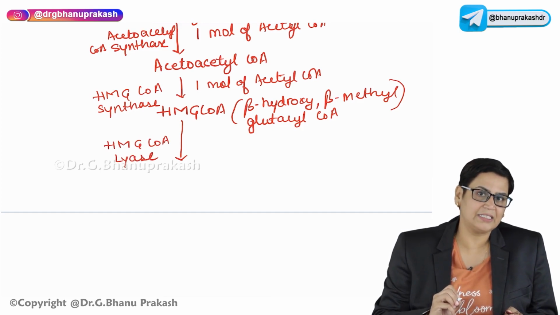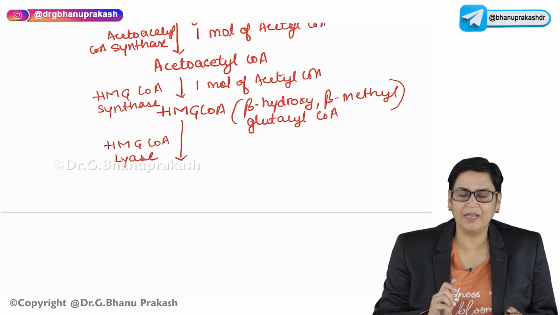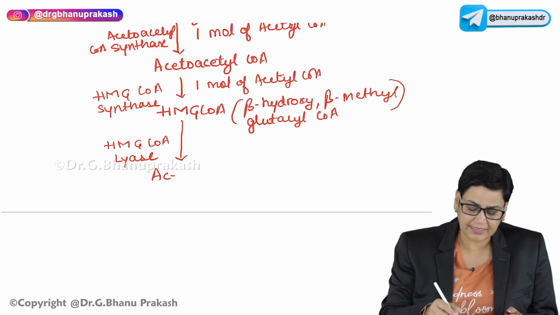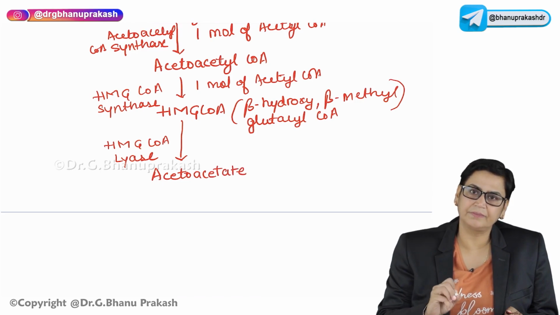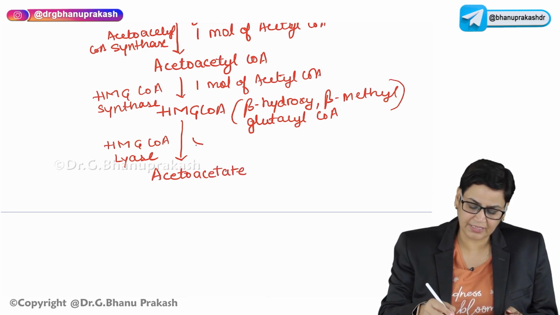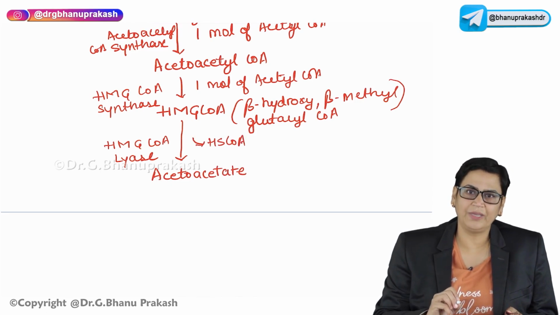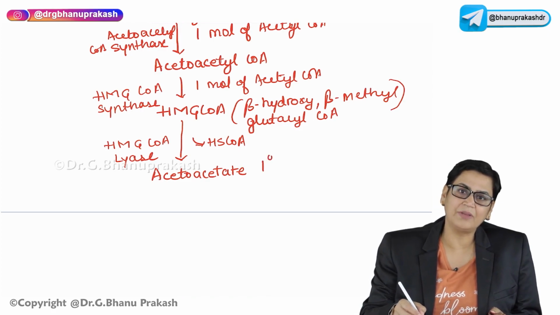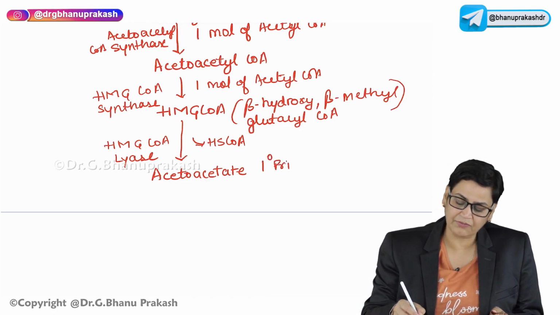And when this HMG-CoA splits up, it gives rise to the first ketone body, which is acetoacetate, giving out this CoA. So we can say that acetoacetate is the primary ketone body, the first ketone body which is produced.